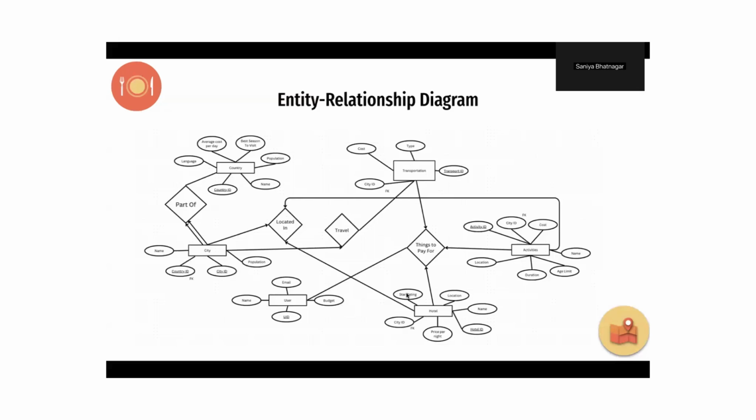It is a many-to-many relationship because multiple cities can have multiple transportation options. And the things to pay for relationship that exists between the user, transportation, activities, and hotel is a one-to-many relationship because a user has to pay for a city's multiple hotels and activities, and the user has to pay for those cities' activities, hotels, transportation, etc.